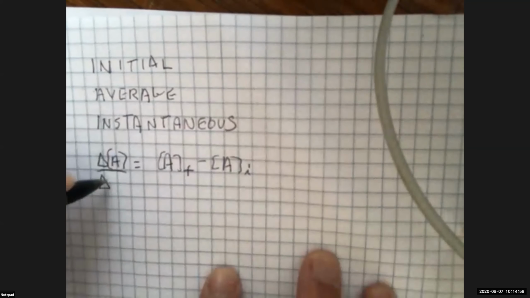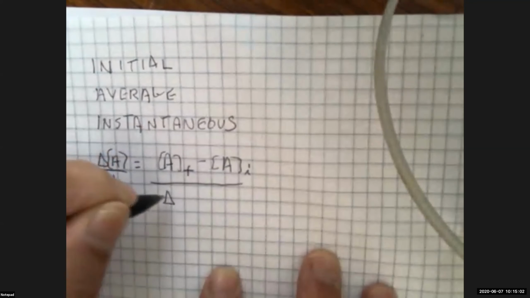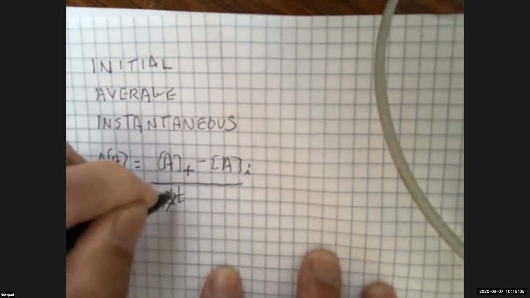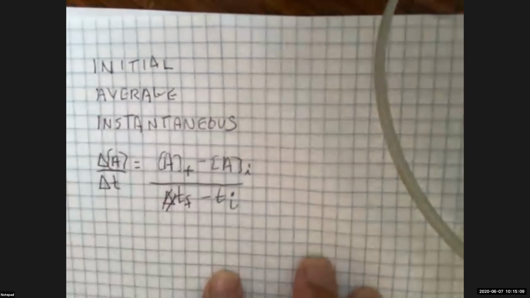And the delta T, the change of time, is the final time minus the initial time.